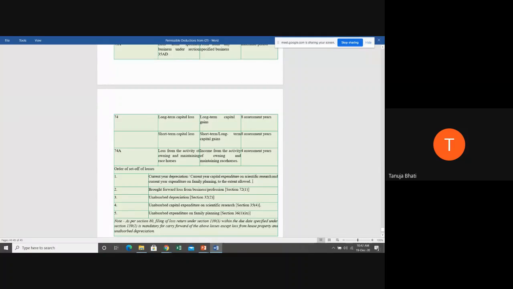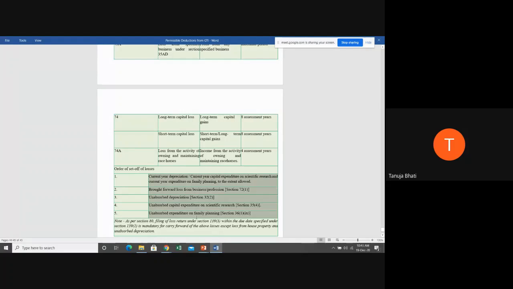So always, whenever you start fresh with an assessment year, first current year depreciation has to be set off, not the brought forward depreciation. Second, after setting off the current year depreciation, you are going to set off brought forward loss from business or profession. After that, if the profit is still remaining, you are going to set off unabsorbed depreciation, fourth unabsorbed capital expenditure, and fifth unabsorbed expenditure on family planning.